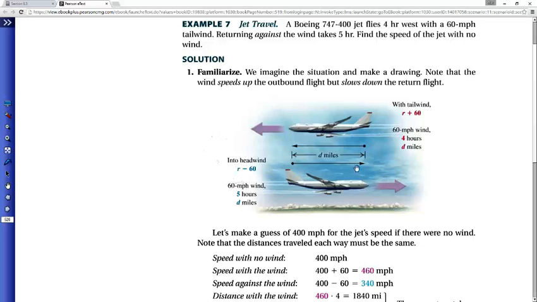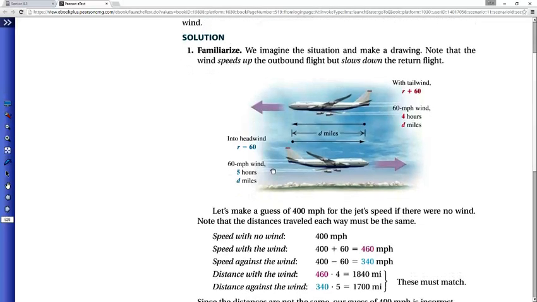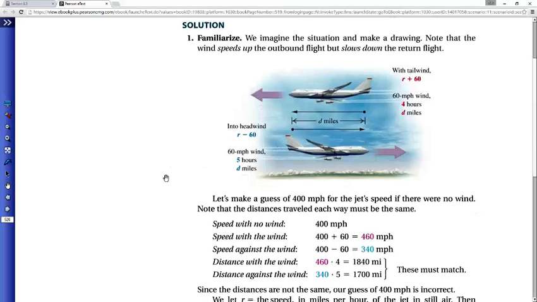And when it returns against that wind, it'll slow it down. And they talk about ground speed in terms of that. Okay, so we have a pretty good idea what they're talking about in this problem.